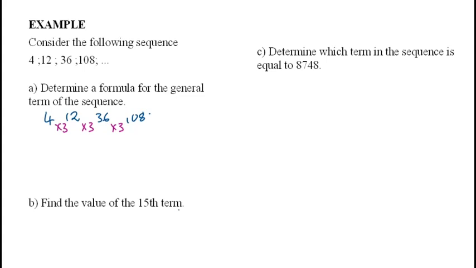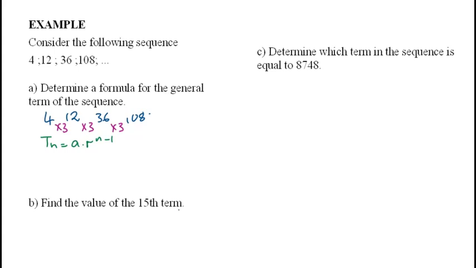Now if you remember in the intro, we said the general term of a geometric sequence is a times r to the power of n minus 1. So a is the first term of the sequence, and r is your common ratio, the thing that you're multiplying with.